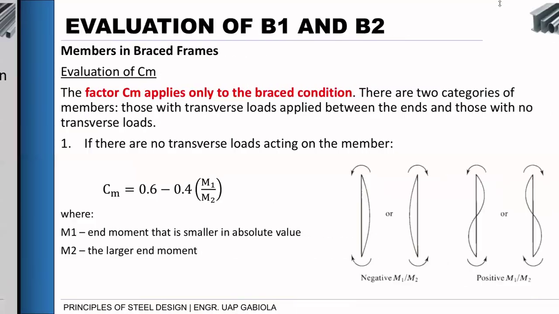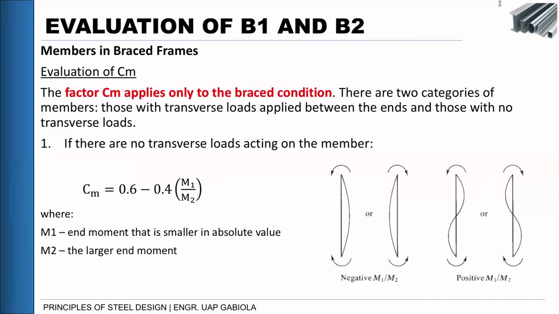Okay? So there are two categories for members. Those with transverse loads applied between the ends and those with no transverse load. Okay? So ang ibig sabihin, pag there are no transverse load, wala kang naka-apply dito na transverse dun sa member natin, may axial force, may end moment.